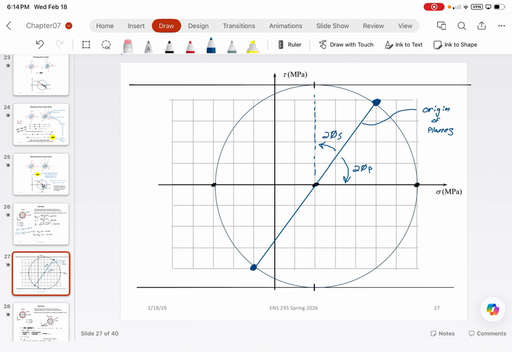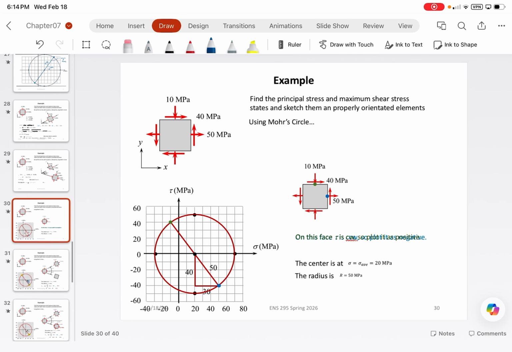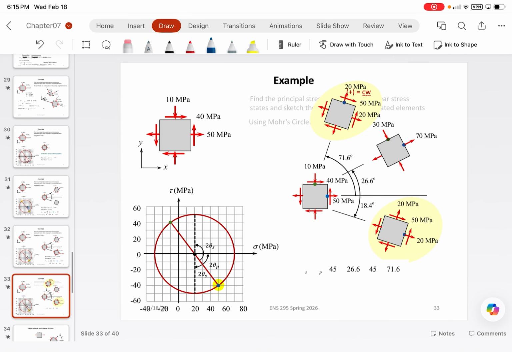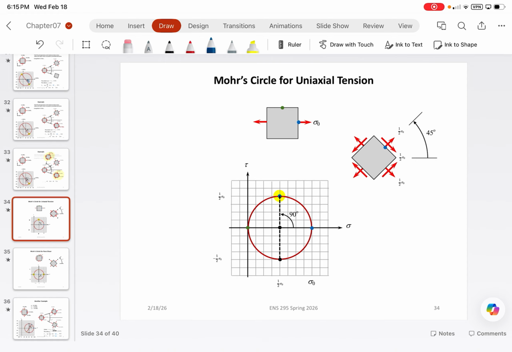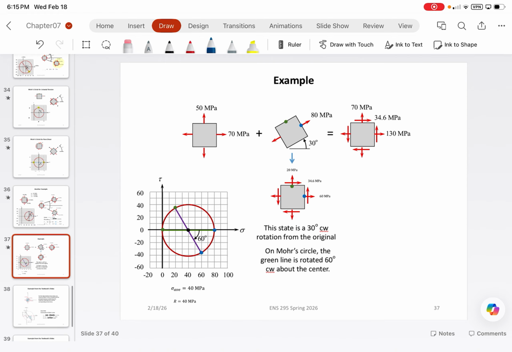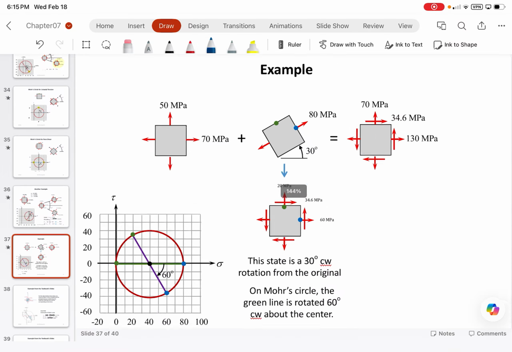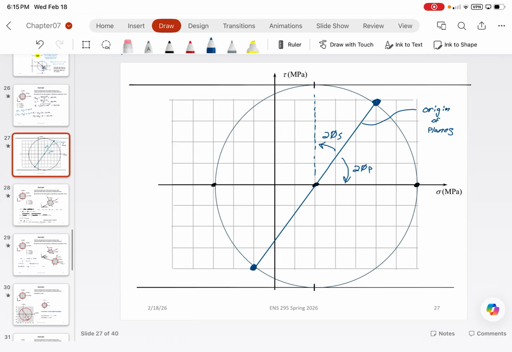All right. Now, once we did figure those out, let's say the question asked you, what does the stress state look like? Well, for the maximum principal stresses, it should be something like that.